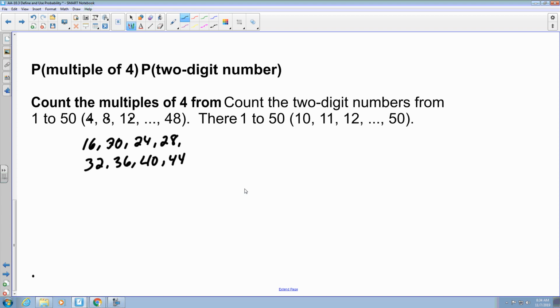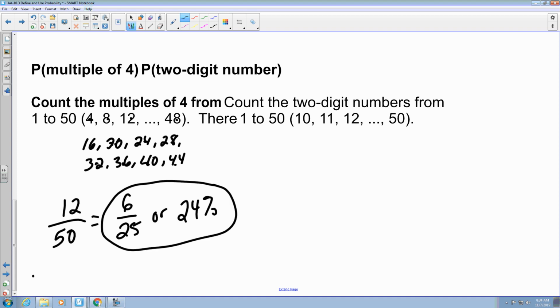So 1, 2, 3, 4, 5, 6, 7, 8, 9, 10, 11, 12. There are 12 favorable outcomes divided by 50 total. That fraction gets reduced to 6 over 25, or about 24%.